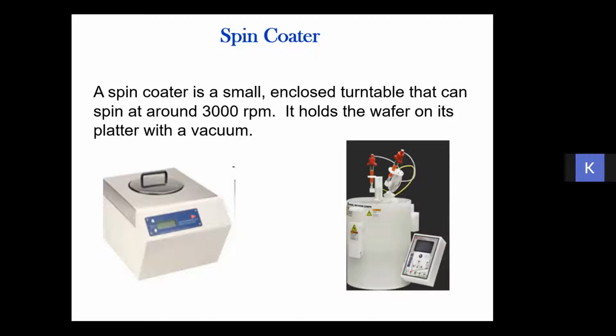The speeds that are normally kept are around 3000 RPM. Obviously, you have to make your own recipe. That means how much speed you have to use, you have to work out by doing some initial work.